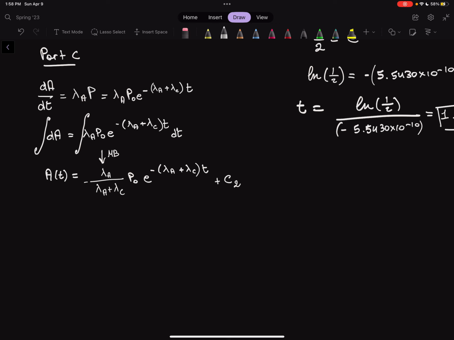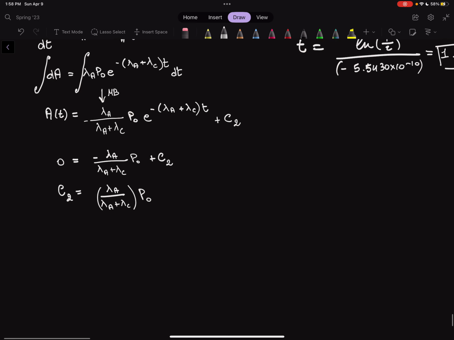And then we apply the initial condition. So 0 is equal to minus lambda A over lambda A plus lambda C times P naught. This becomes a 1 because it's multiplied by T, which is 0, plus C2. So we get that C2 is equal to lambda A over lambda A plus lambda C times P naught.